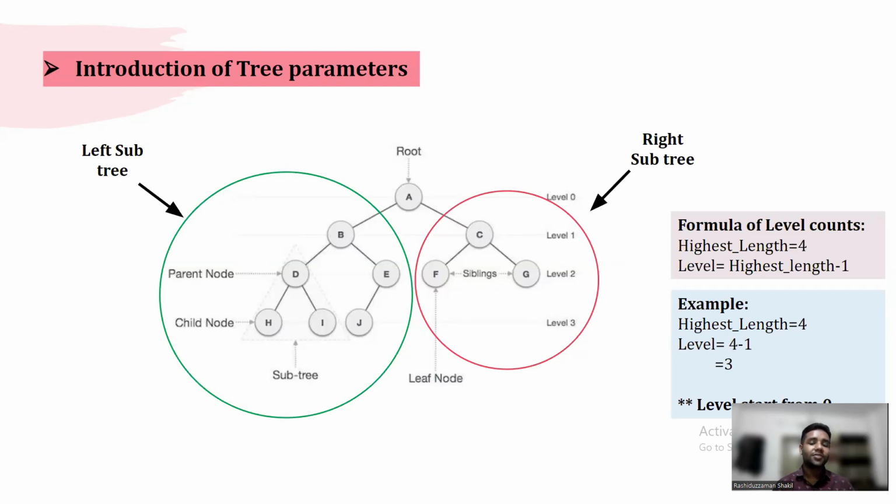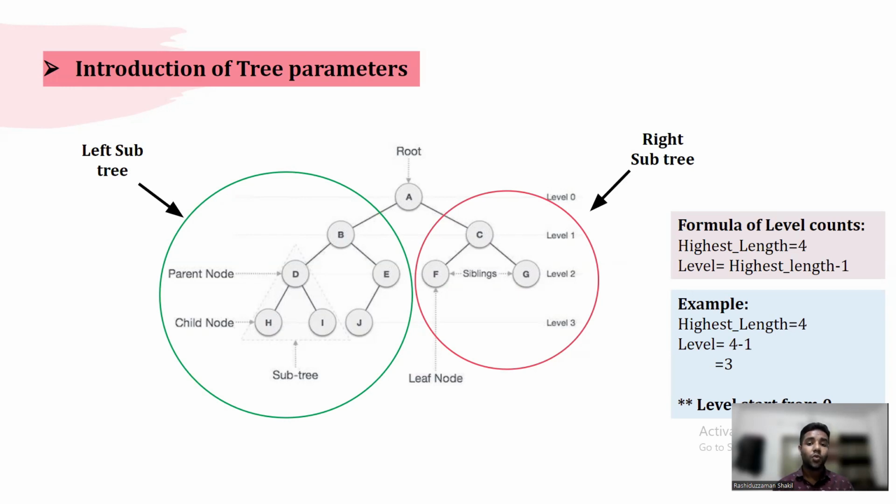I am trying to visualize this in two distinct colors. The green color is for the left subtree and the red circle is for the right subtree. And in this tree, my root node is A, and from the tree you can evaluate the number of levels.